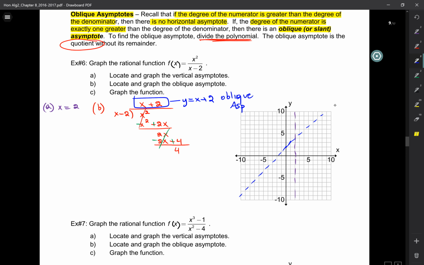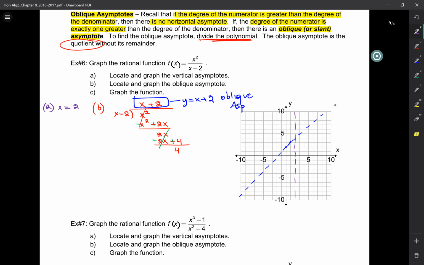Okay, we have 2 worlds here. The left of the horizontal, the left of the vertical, the right of the vertical. Okay, the right of the vertical, is our function positive or negative?